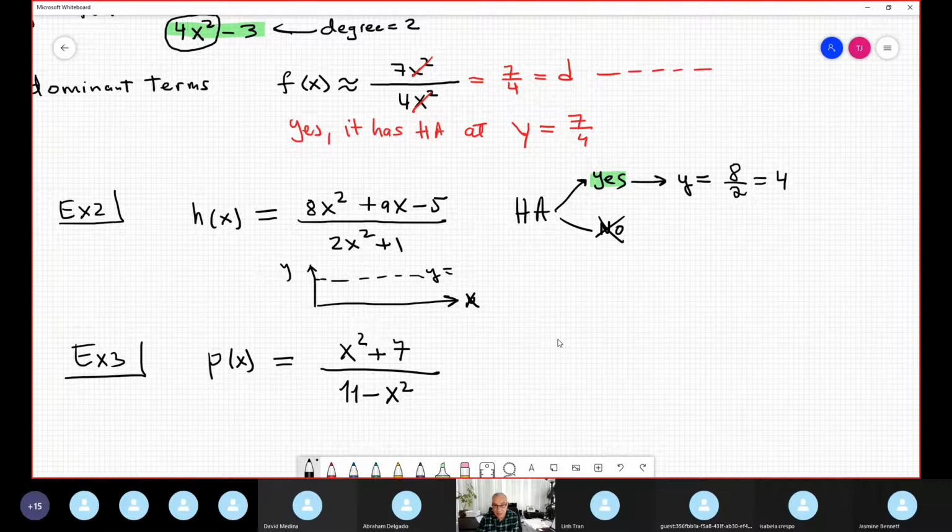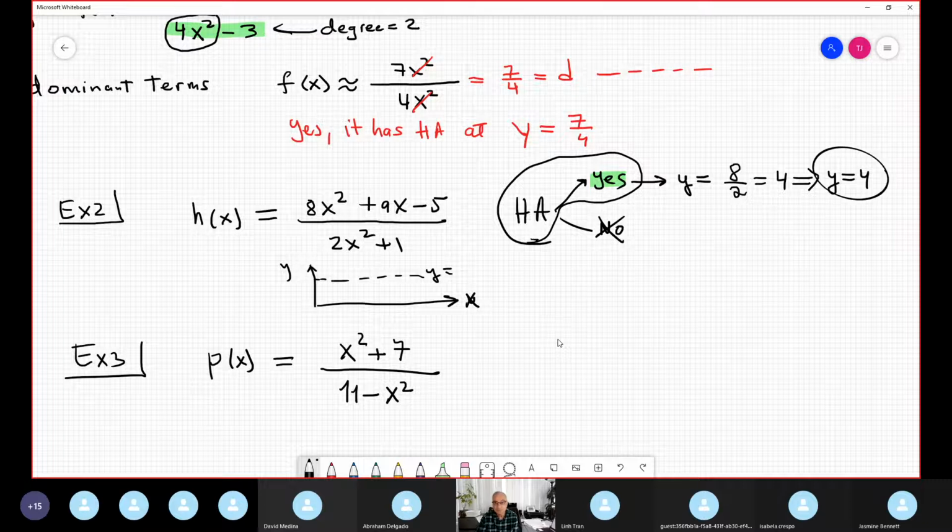So the conclusion is: yes, we have a horizontal asymptote at y equals 4. And you draw the important dotted line at y equals 4.